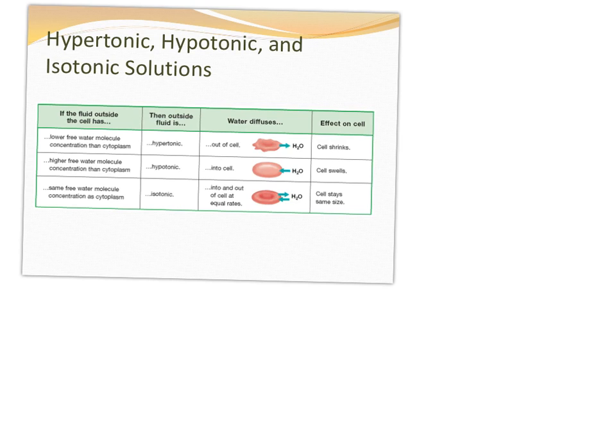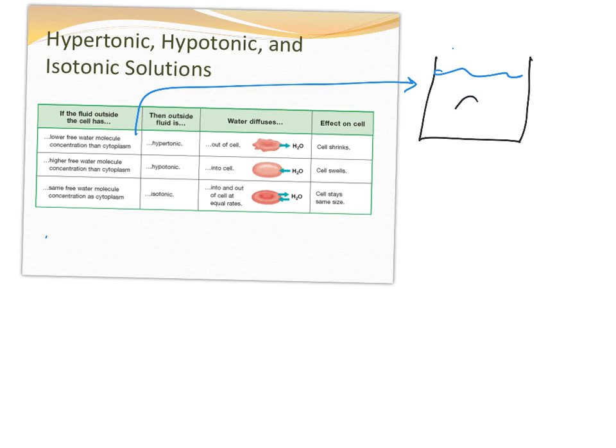Here's number one. Let me draw a different color. So number one, if we were going to draw it, it would look something like lower what? Lower. If you have a cytoplasm, where's the cytoplasm? Inside the cell. Excellent.